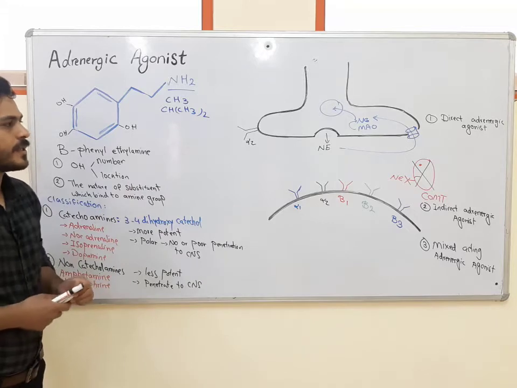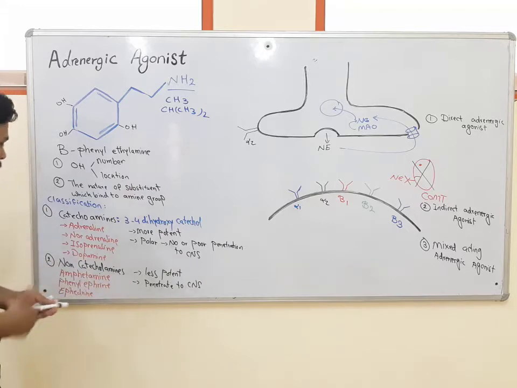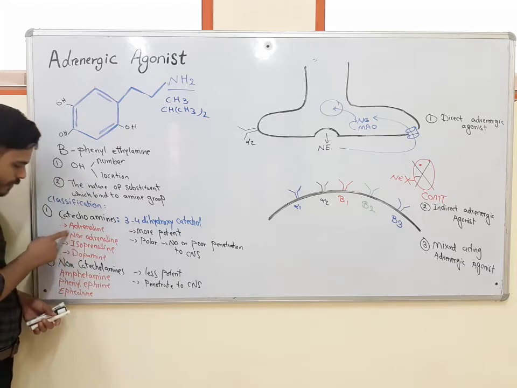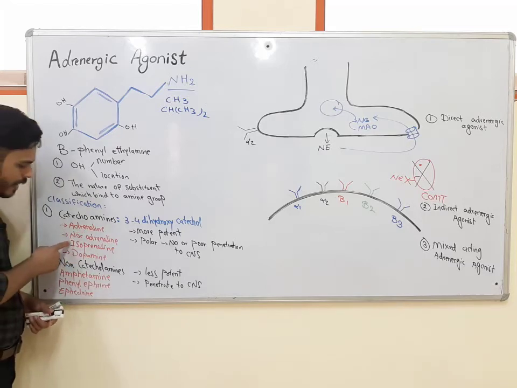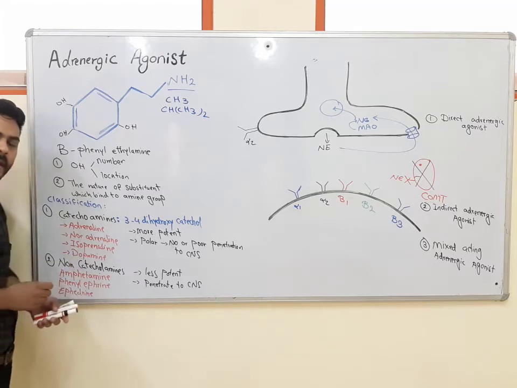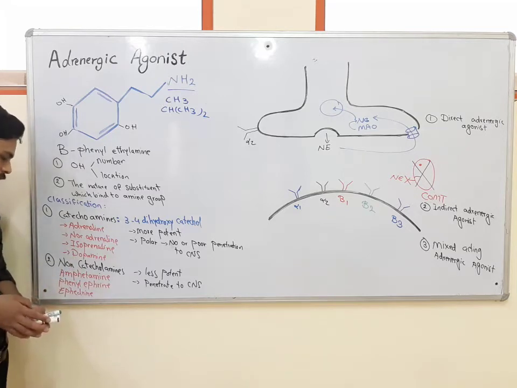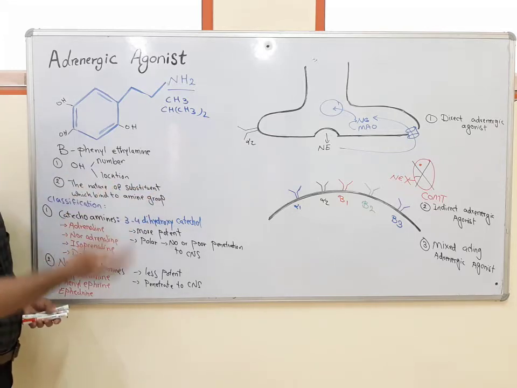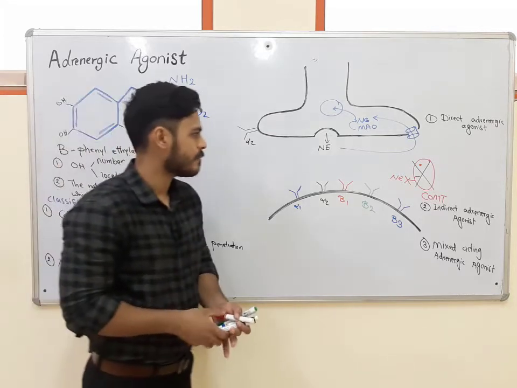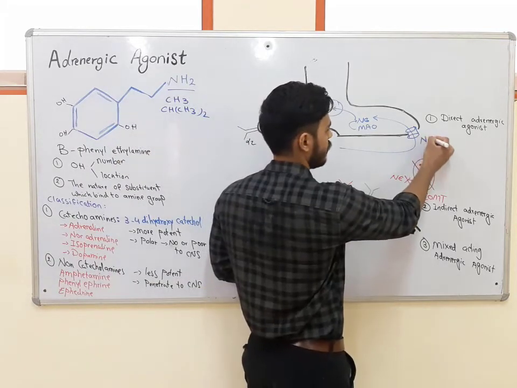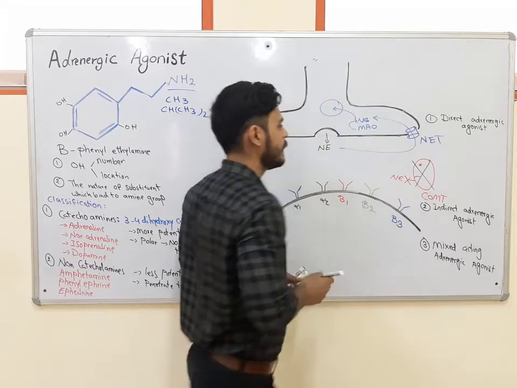In direct adrenergic agonists, we have a different group of drugs. We have adrenaline, noradrenaline, isoprenaline, dopamine, fenoldopam. We will talk about these drugs. Among drugs which are indirect adrenergic agonists, for example, those that inhibit this channel, which is NET, the norepinephrine transporter.